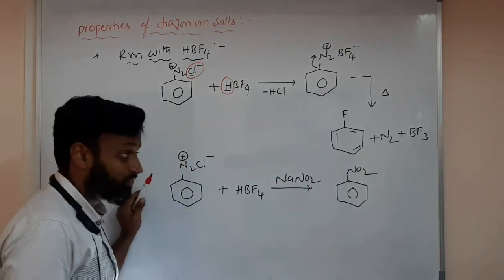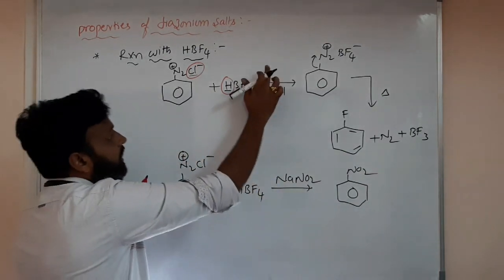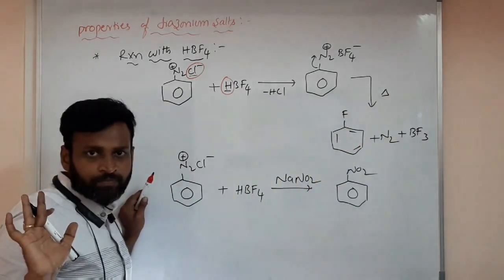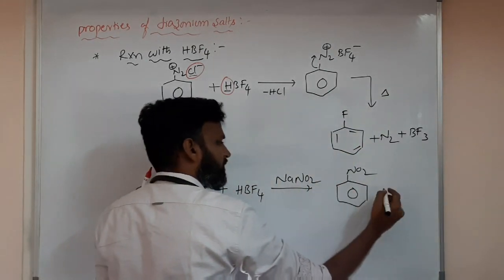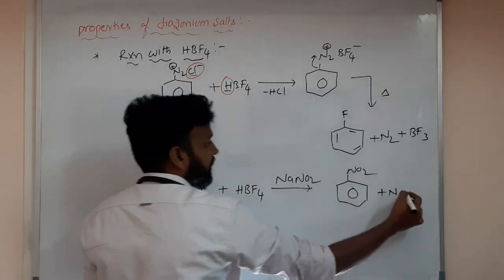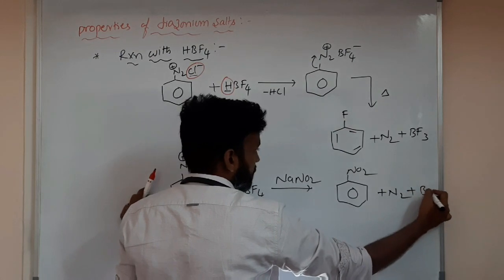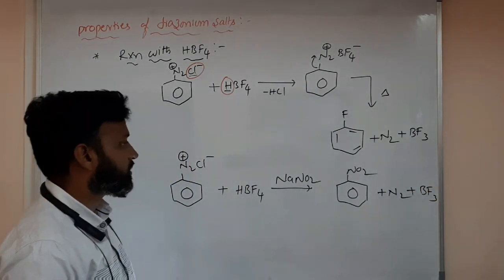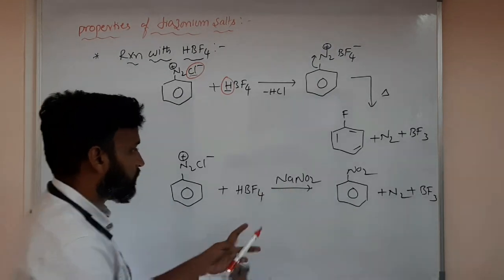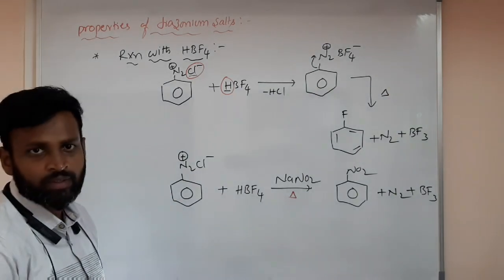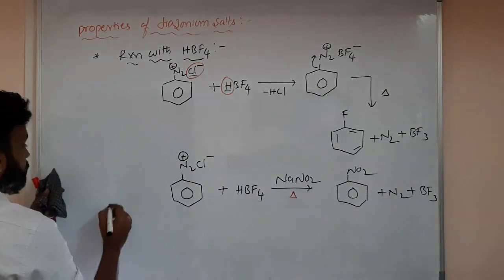If they give NaNO2, nitrobenzene; if nothing is given besides HBF4 and heating, fluorobenzene. Same story, nitrogen comes out as N2 and BF3 also comes. These are very important. If you are using NaNO2 and heating, you will get this product. Please remember this.